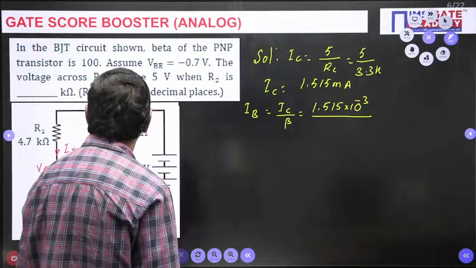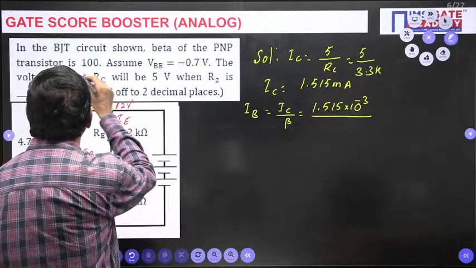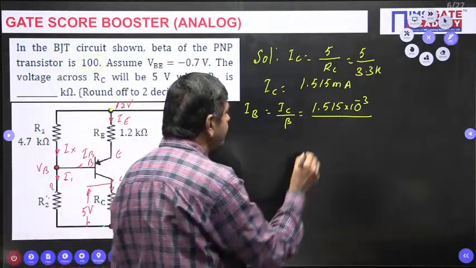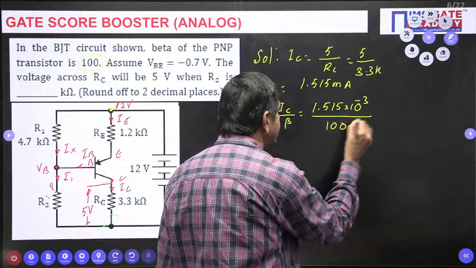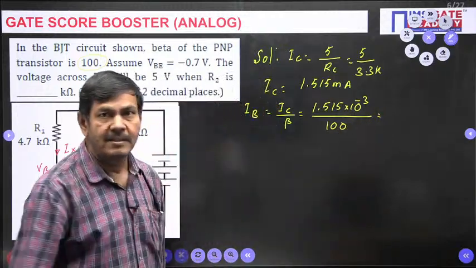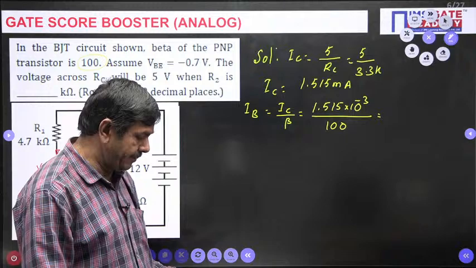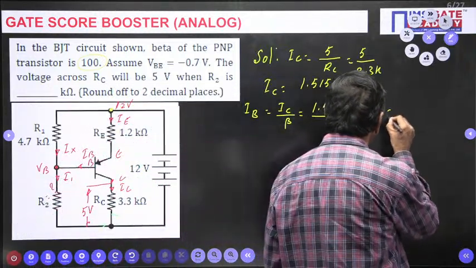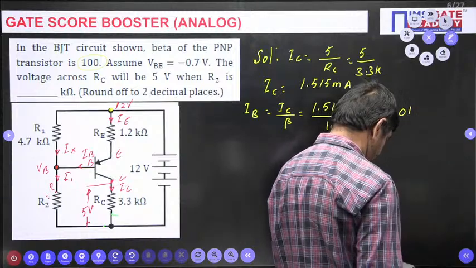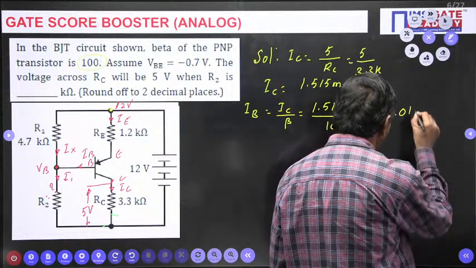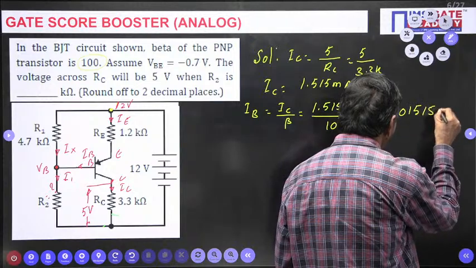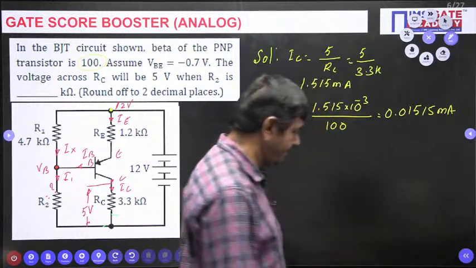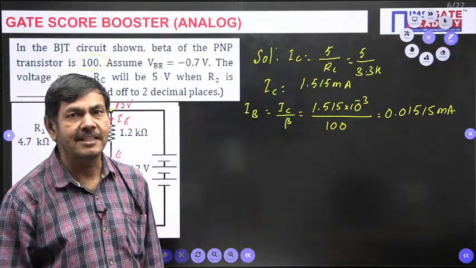Beta of the transistor is given, 100. I can put 100 here. Now that IB value will be 0.01515 milliamperes of current. That much base current is possible.